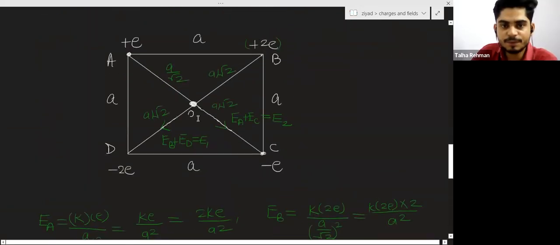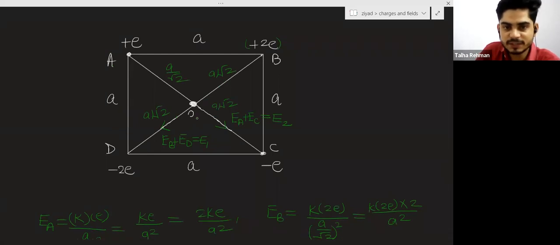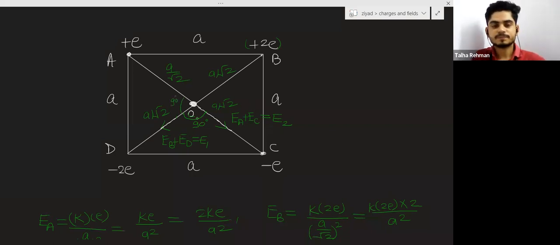Now we have two vectors, E1 and E2. The angle between the diagonals of a square, at the intersection of diagonals, is always 90 degrees. This angle is also 90 degrees. In a square, you will get this angle, DOC, equal to 90 degrees.